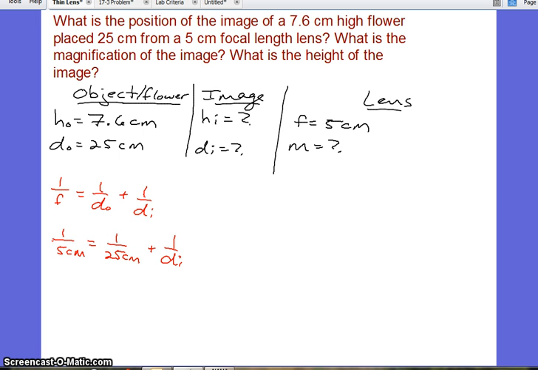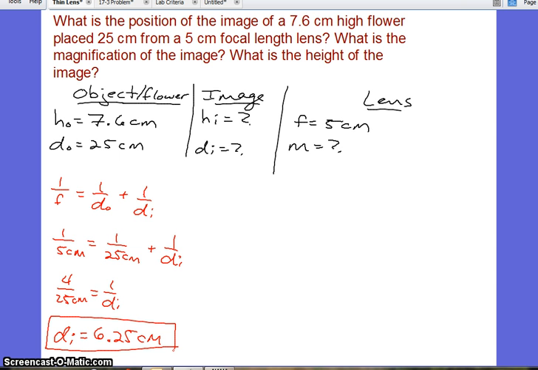But 4 over 25 is equal to 1 over the image distance. So we do have to flip this, and the image distance is 25 over 4, which is 6.25 centimeters. It is positive because it's on the right-hand side of the lens.